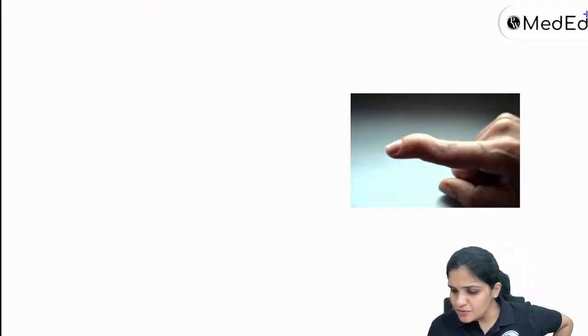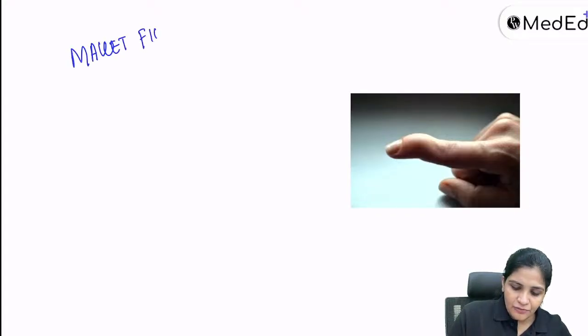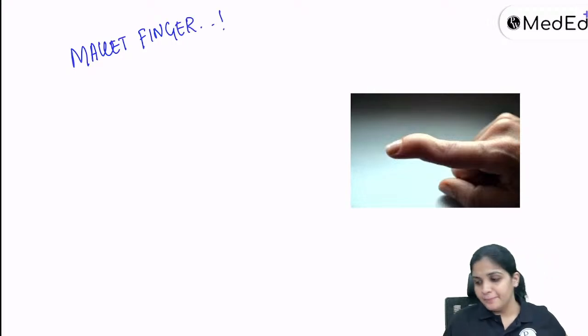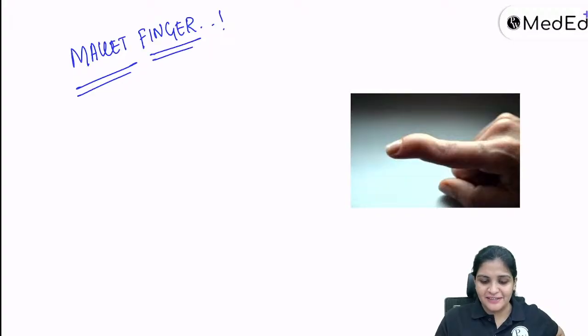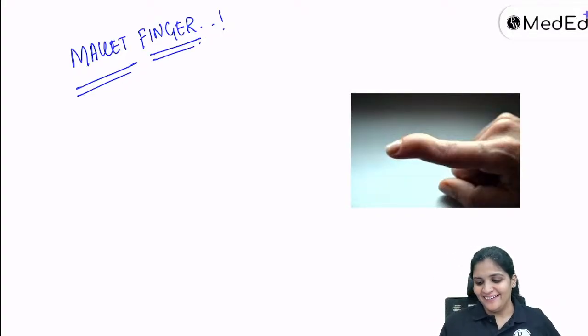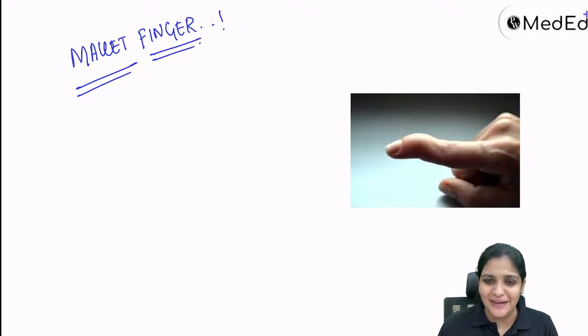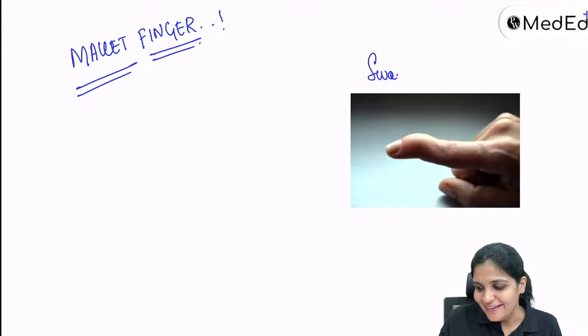You can see some node there at the MTG. This is your mallet finger. What is mallet finger? Swan neck deformity. I expected this. Yeah, it looks like swan neck deformity only, but it is mallet finger.